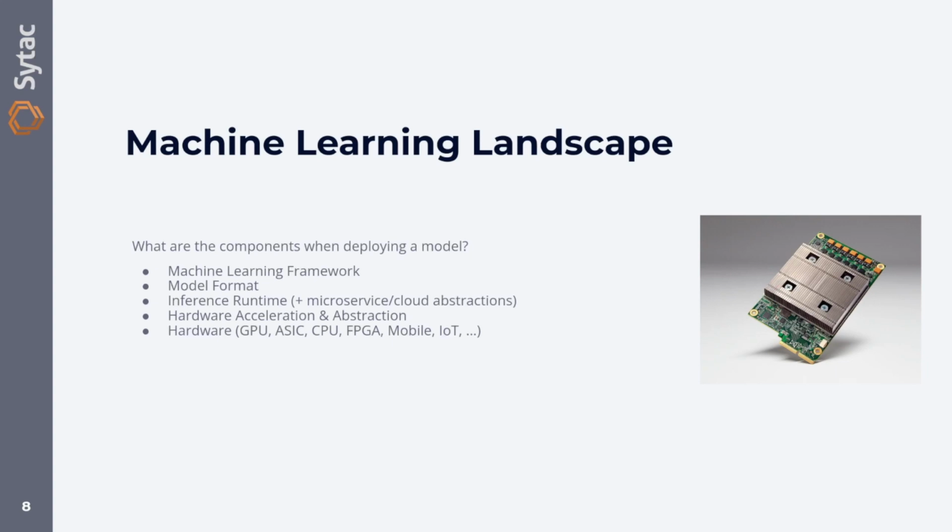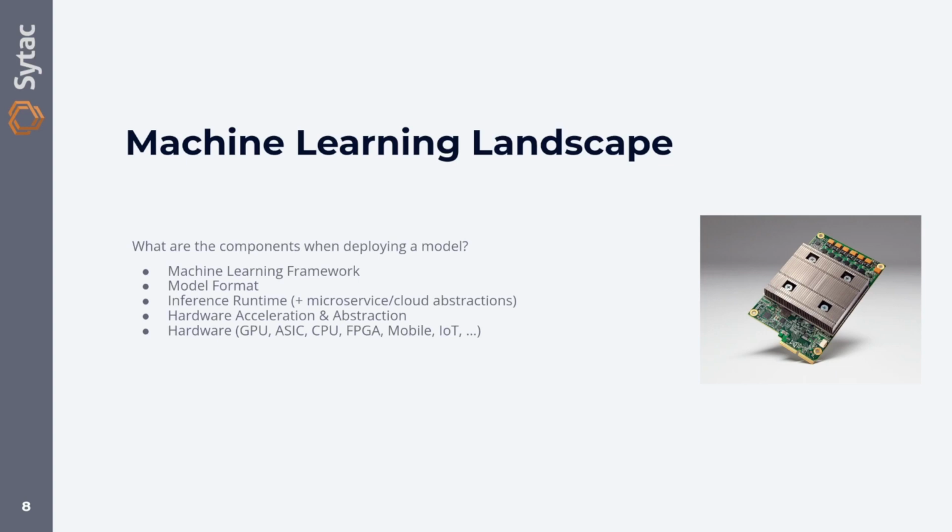So if you want to just run inference, like I said, with start simple, the framework you trained your model in can usually also do inference. It's not the most suited for it, but if you just want to solve the problem simply, just use the framework the model is written in. That works. If you have more complex use cases, or you want to reduce your dependency size, or you don't want to use Python, you might want to do something different.